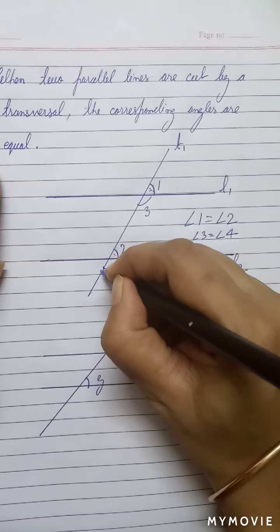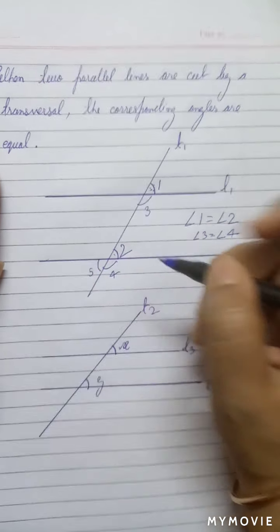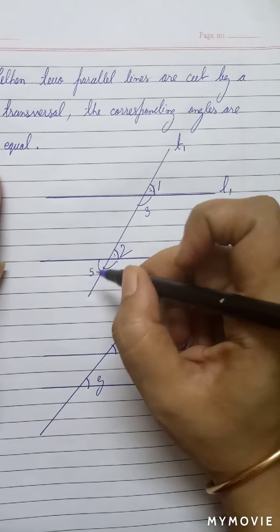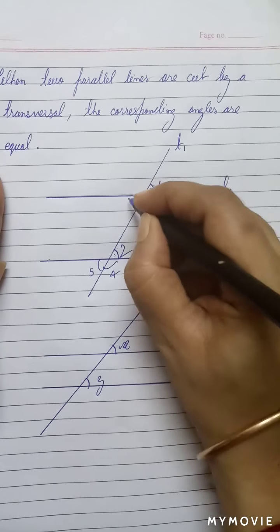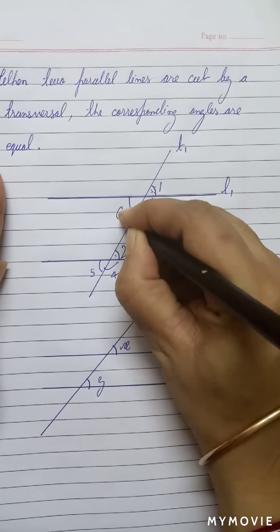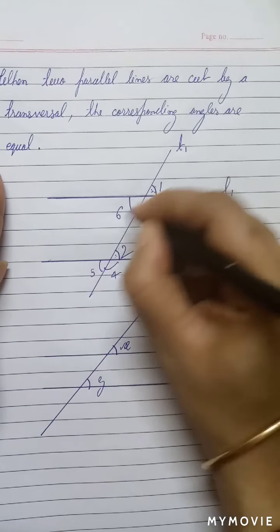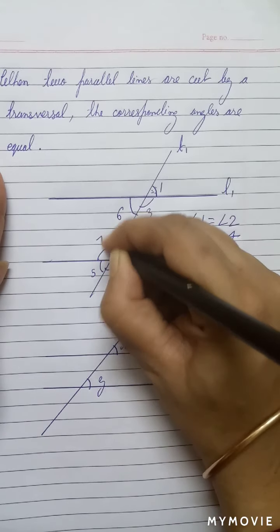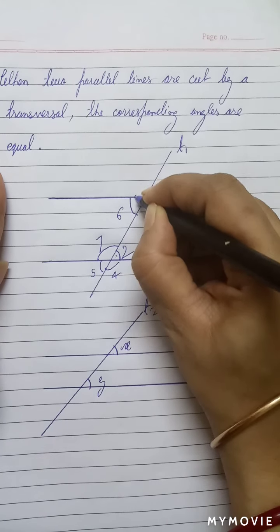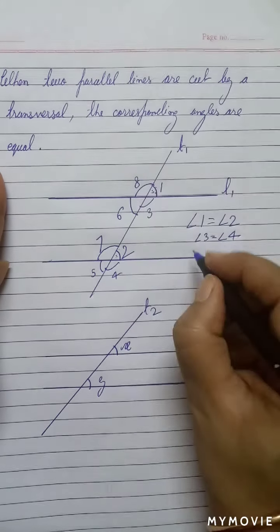And if we call it angle 5, what is going to be the corresponding angle of angle 5? It's going to be this. Let's call it 6. And what is going to be the corresponding angle of this angle? Let's call it 7. It's going to be this angle. It's 8.